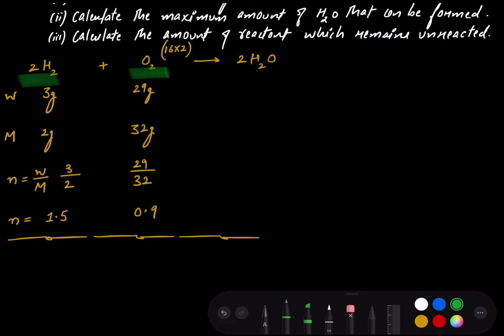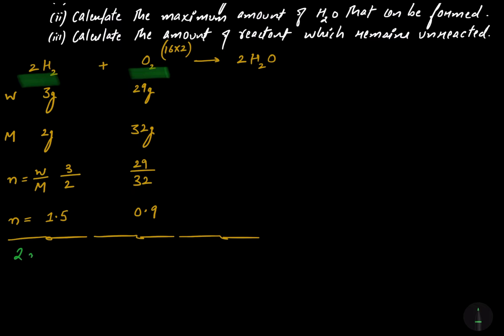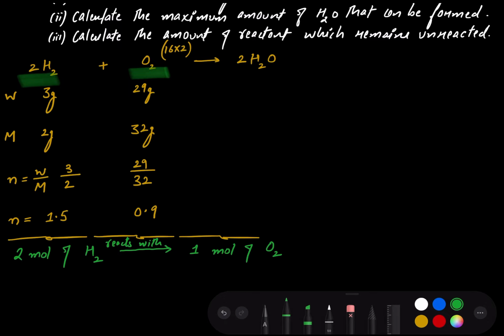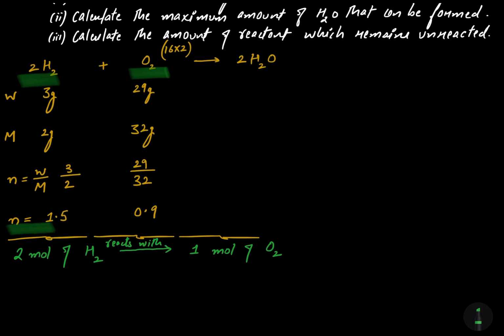That's what I have got from the balanced chemical equation. Now, how many moles of hydrogen are given in the question? It has been given to be 1.5.